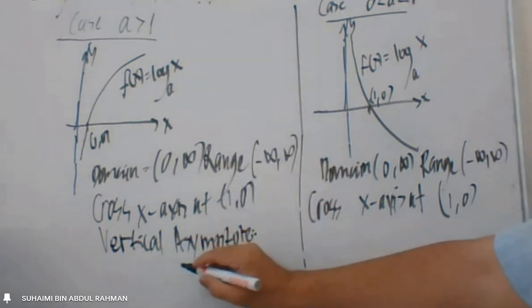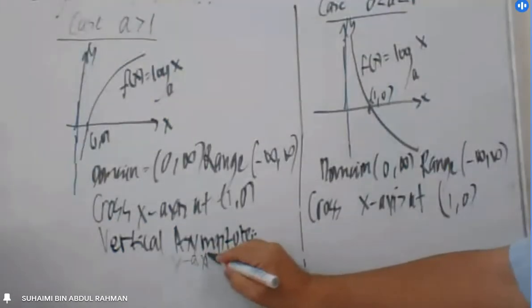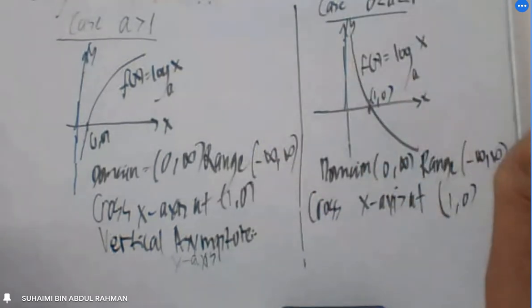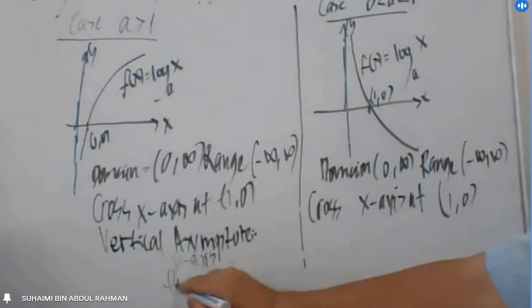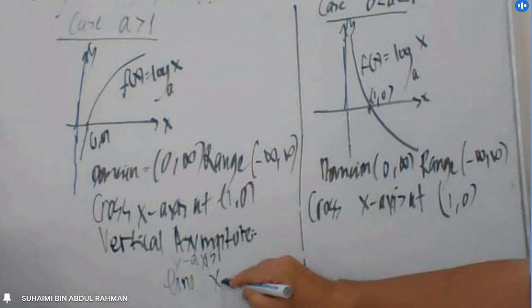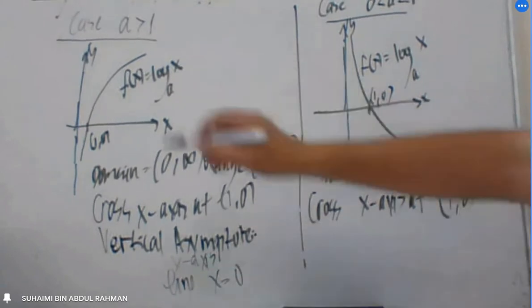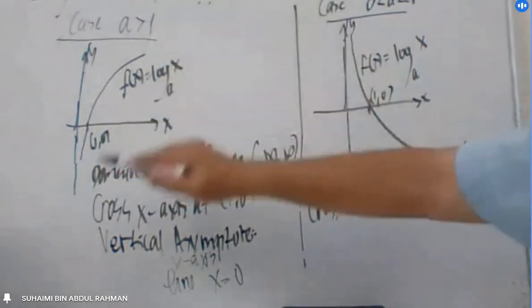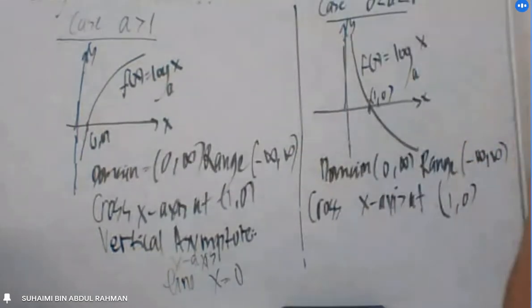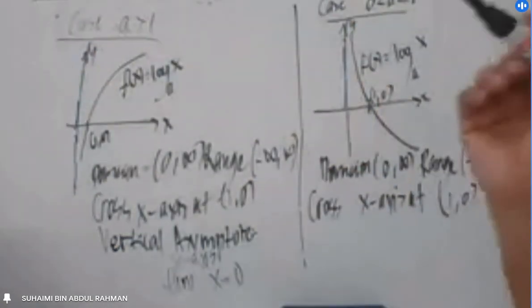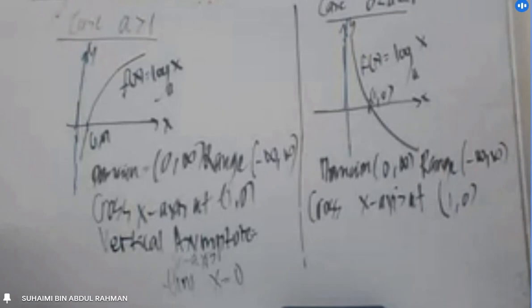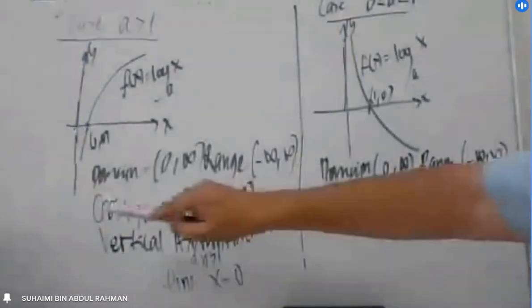Or the line x equal to 0. Now remember this word, line. Line x equal to 0. Here x equal to 0 is not complete; to be complete, it is the line y equal to 0.